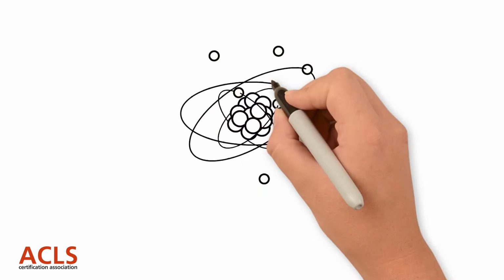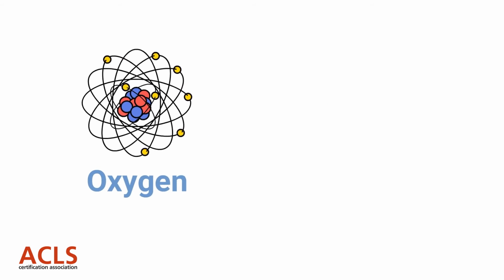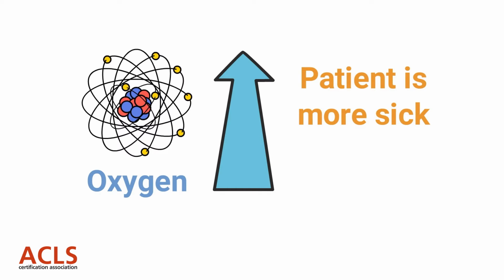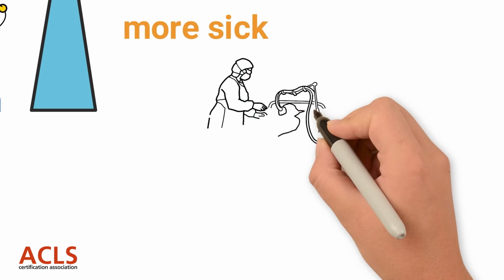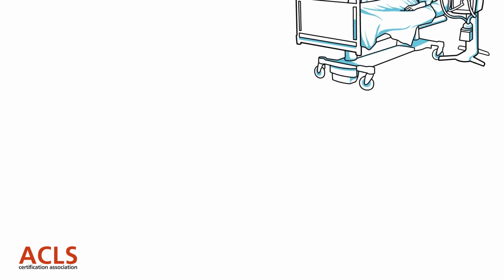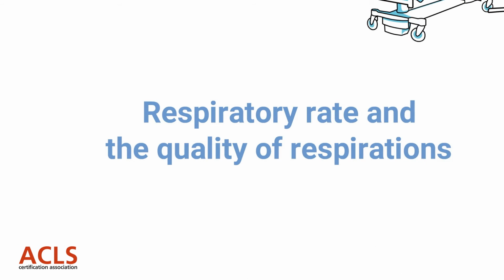So the first thing I've got mentioned here with inspection is the oxygen. Always look at the type and amount of oxygen that your patient is on. The more oxygen they're on, the sicker they are. So they can be on room air all the way up to a critically ill patient who is on a ventilator. So the type and amount is very, very important. Obviously, you're counting respiratory rate and the quality of respirations.